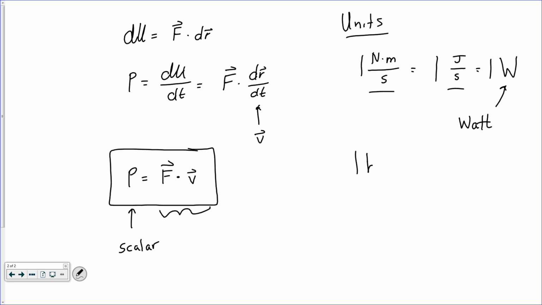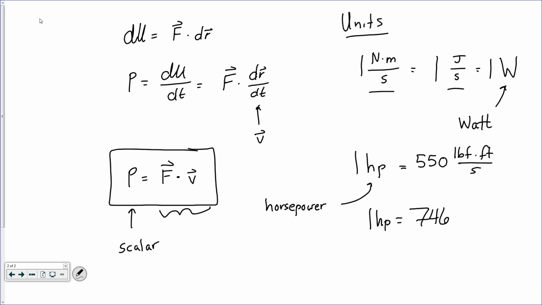Base unit is 1 HP, which does not stand for Hewlett-Packard. It stands for horsepower. It's an antiquated, old system of units, horsepower. 1 horsepower is equal to 550 pound force feet per second. 1 horsepower, if you need to convert into watts, is 746 watts.